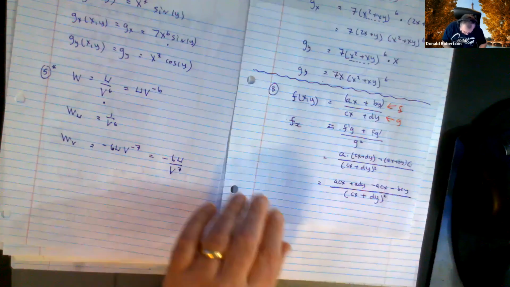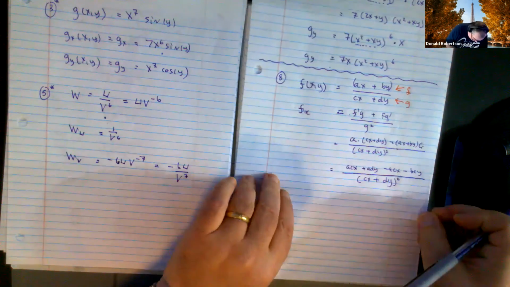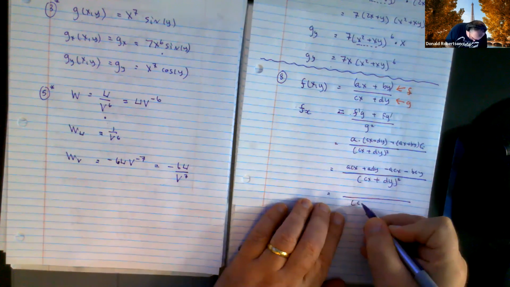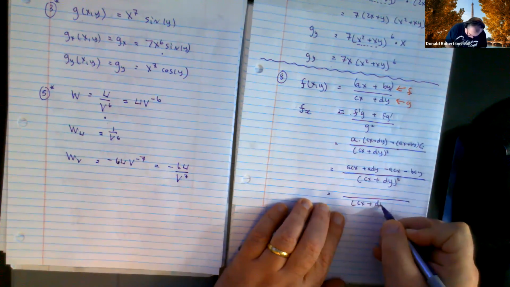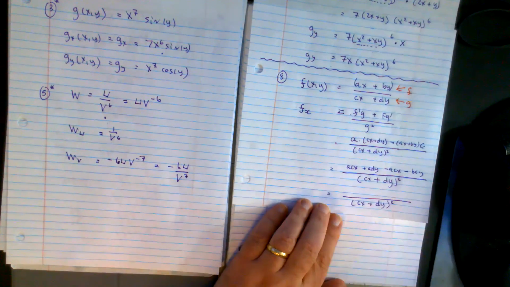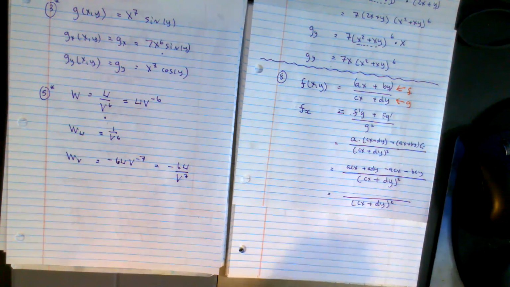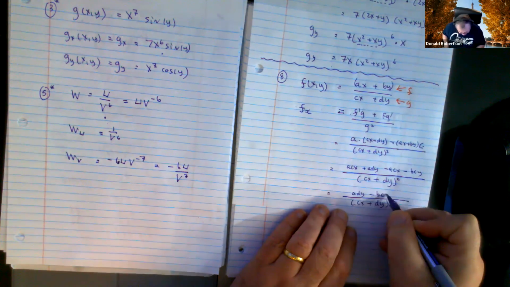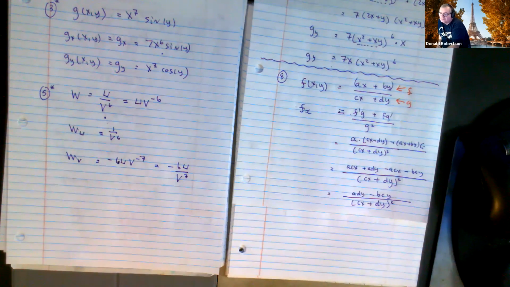Do you see anything nice happening here on the top? The acx terms can cancel. And so I now have ady take away bcy. Would you agree it's a little bit prettier than it was? Can we do any more?